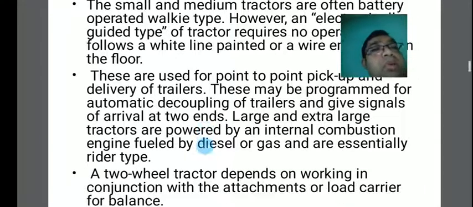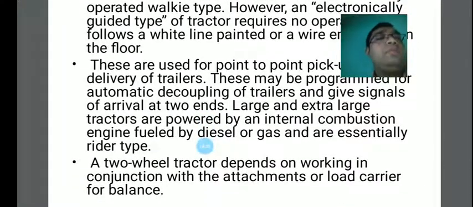We have to give the fuel, such as diesel or gas, manually. There is no automatic system, and the tractor is controlled by the operator.